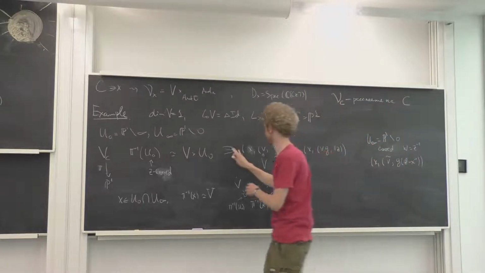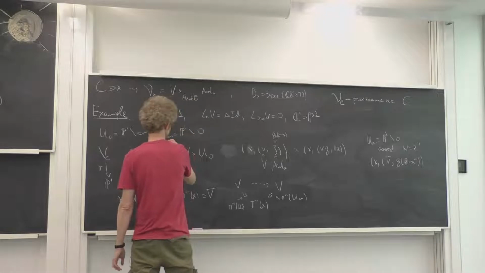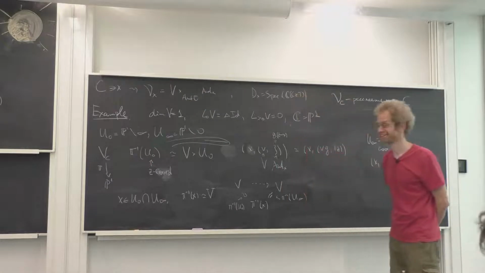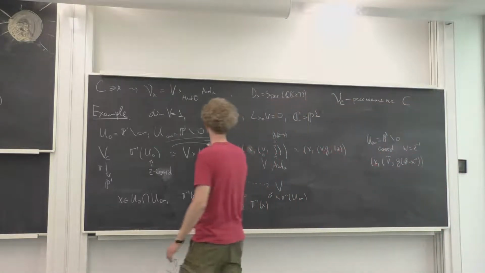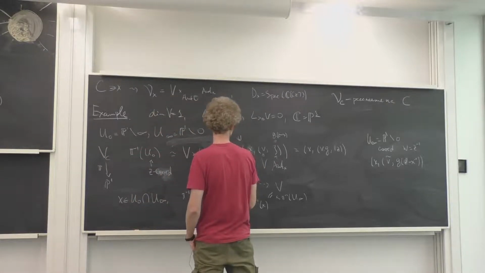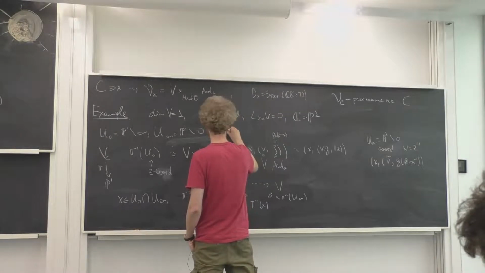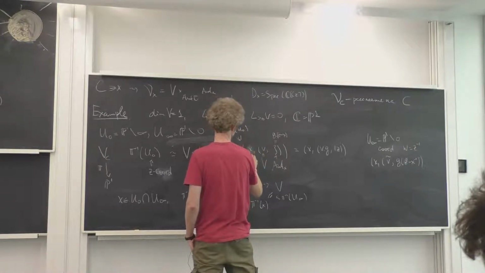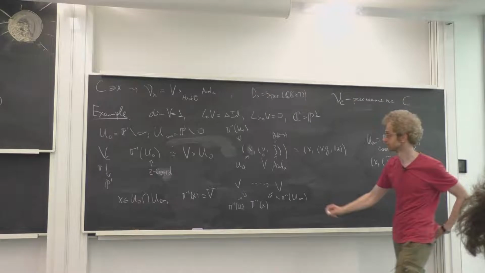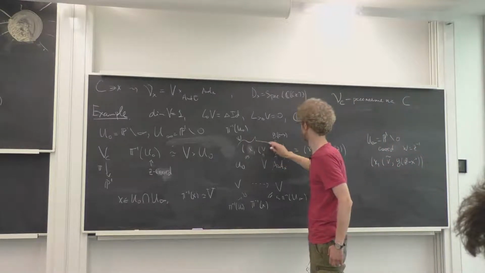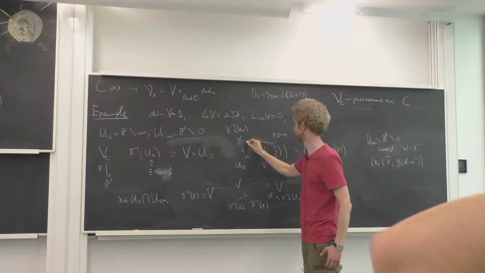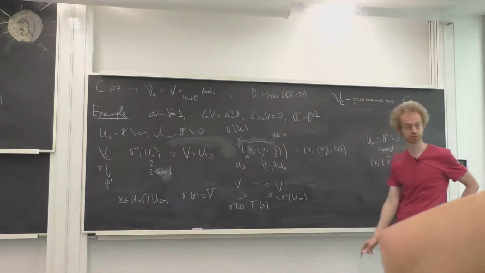To be more precise, this sits in pi inverse of U0, and this x belongs to U0. So the whole triple sits in pi inverse of U0.